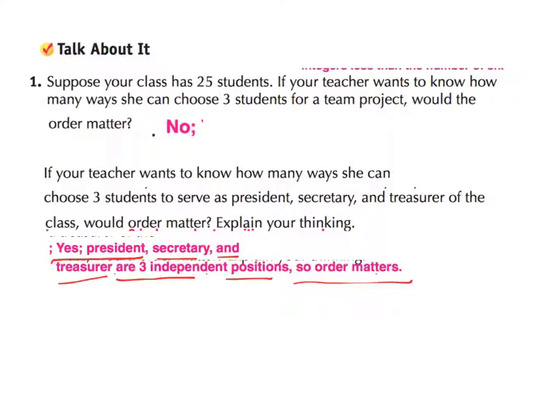So order matters. Because if a student becomes president, he cannot be the secretary at the same time, and he cannot be the treasurer at the same time. So is this now a permutation problem? Yes. This is a permutation because order matters.